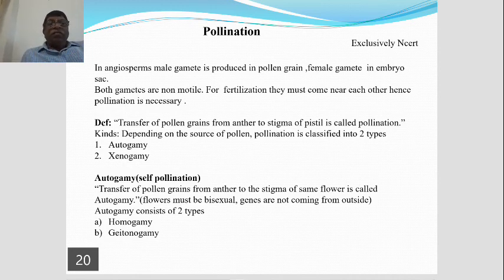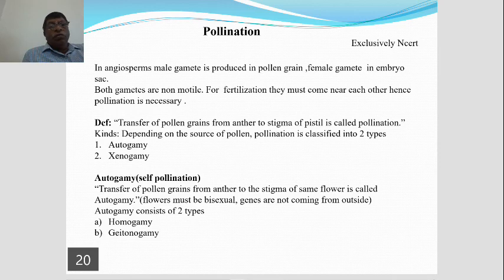Auto means self. Gamy means marriage, self-marriage. Next, xenogamy. Now, we shall study the first one, autogamy.